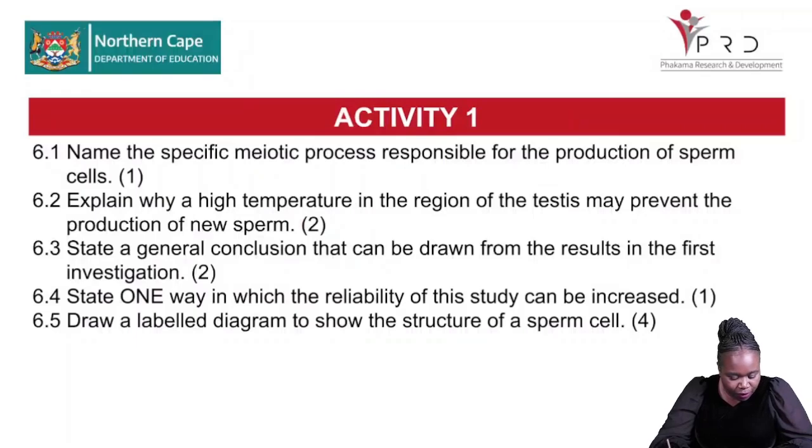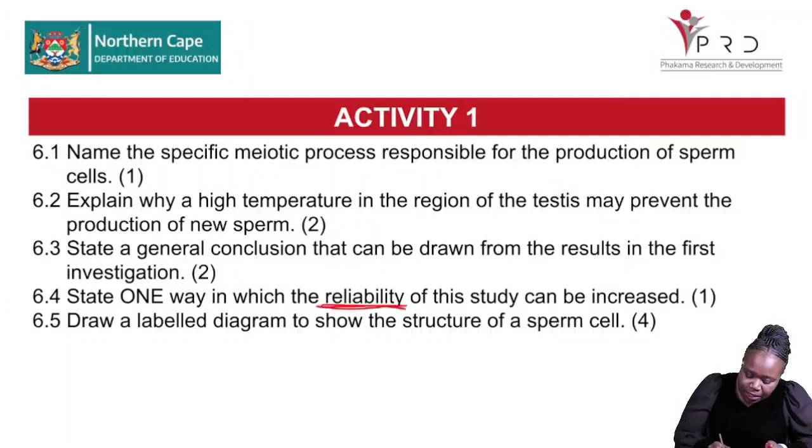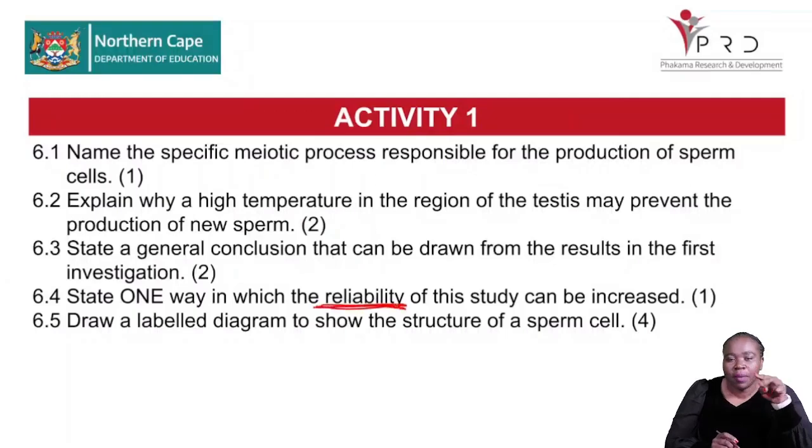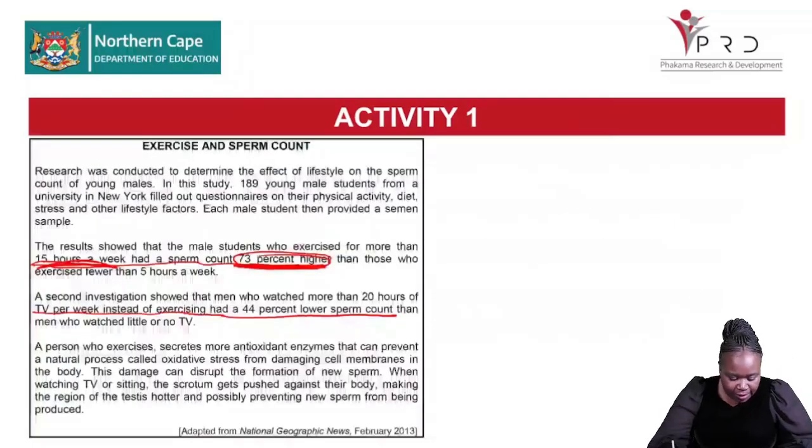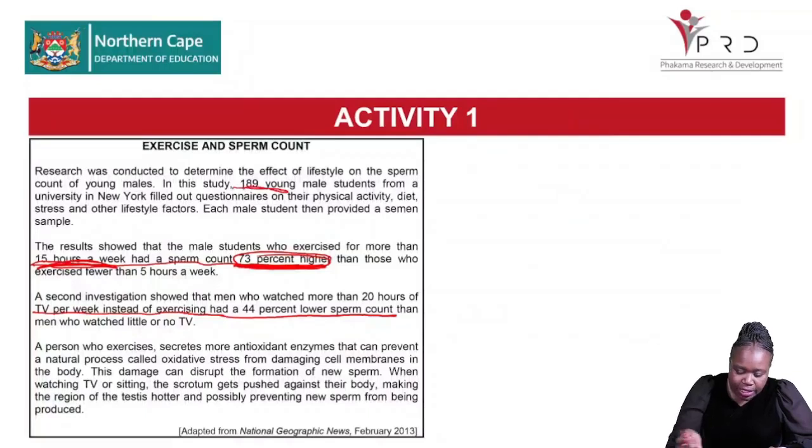6.4 says: state one way in which the reliability of this investigation could be increased. We know that whenever we talk about reliability, we are going to talk about two things: repeating that investigation or increasing the sample size. Now let's go back. It says here, 189 young male students were used.